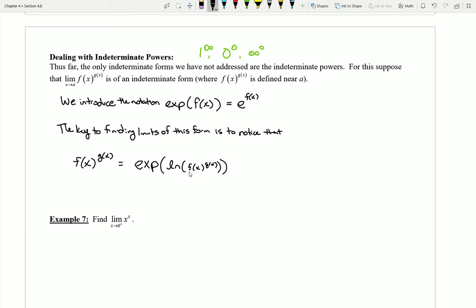This can be a little confusing, so let me write it in the alternative notation. Really what we're saying is that we can rewrite this as e to the power of the natural log of our function. Remember that e to the x and the natural log of x are inverse functions, so they undo each other and leave us back with the original function.